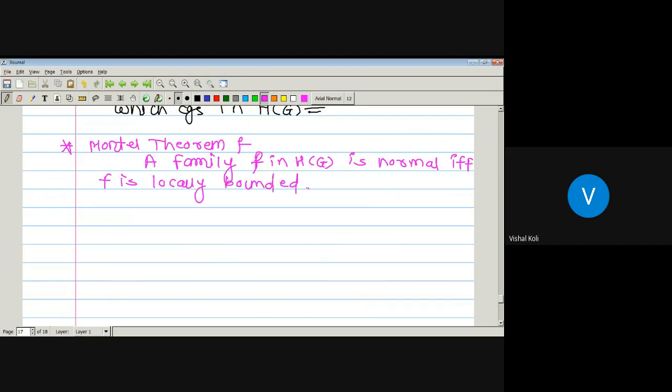Okay, so this will be our Montel theorem. So any family F in H of G is normal if and only if it is locally bounded, and we know what is a normal family and what is a locally bounded set. Depending on these two definitions, this will be one important theorem.